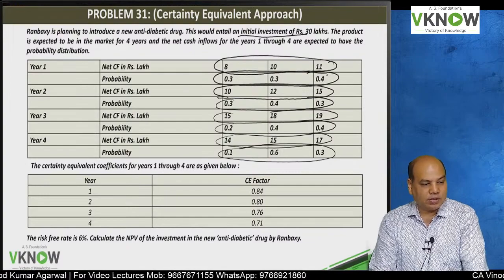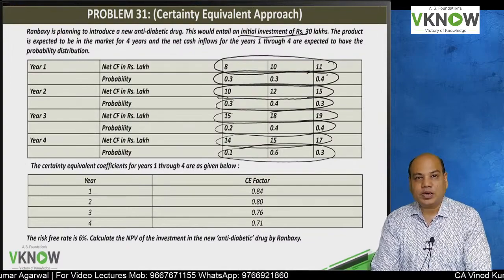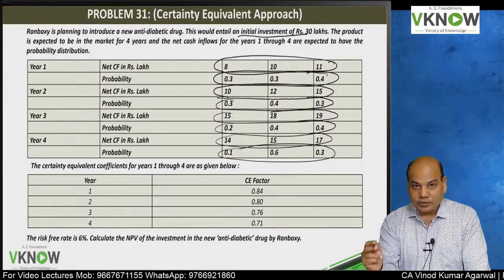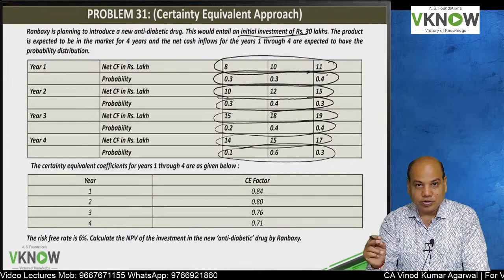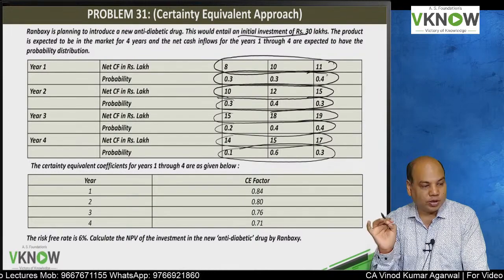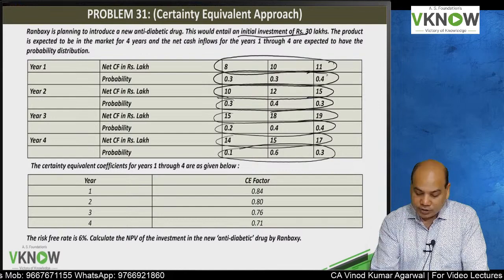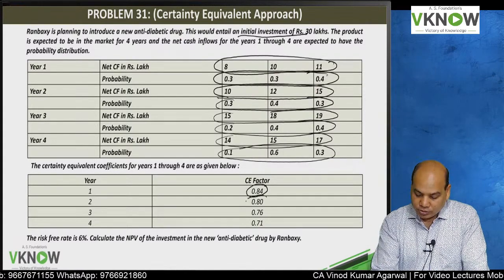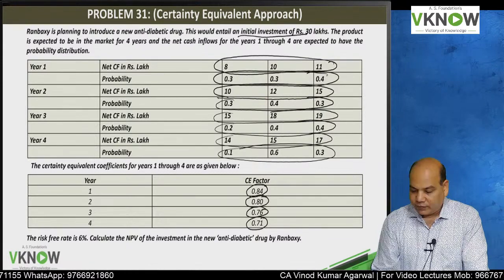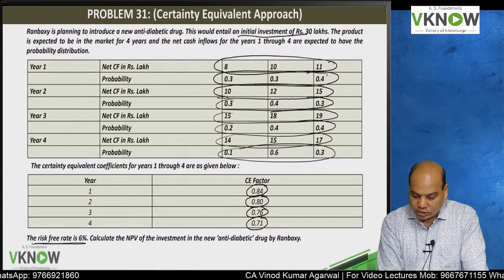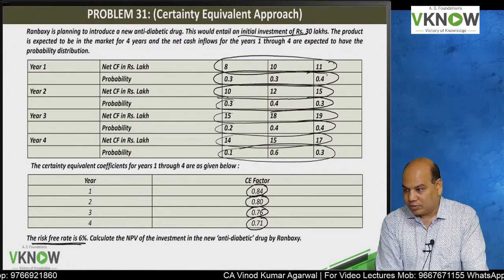Which means first I will have to find out the expected cash flow, not NPV. First I have to calculate the year 1, 2, 3, 4 expected cash flow. After that, second step, you will multiply by the certainty equivalent factor and then discount it at 6%.